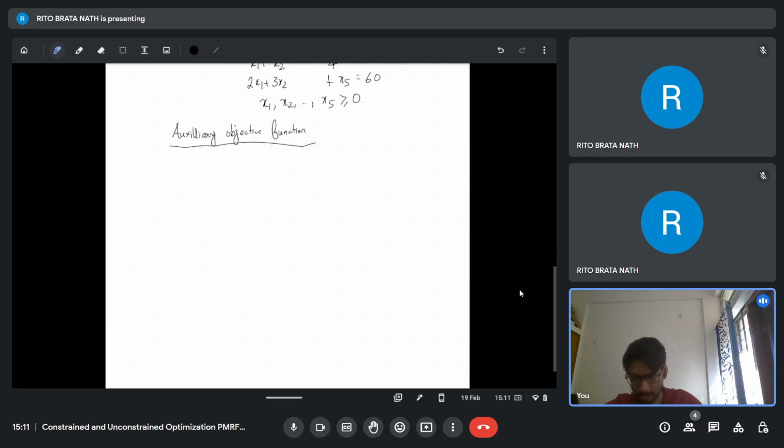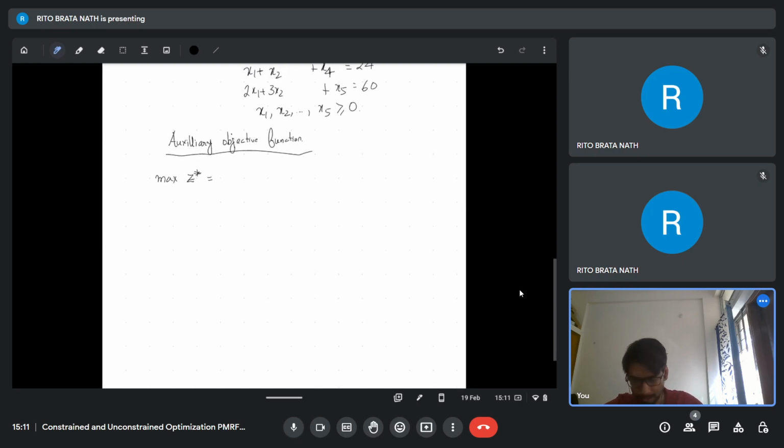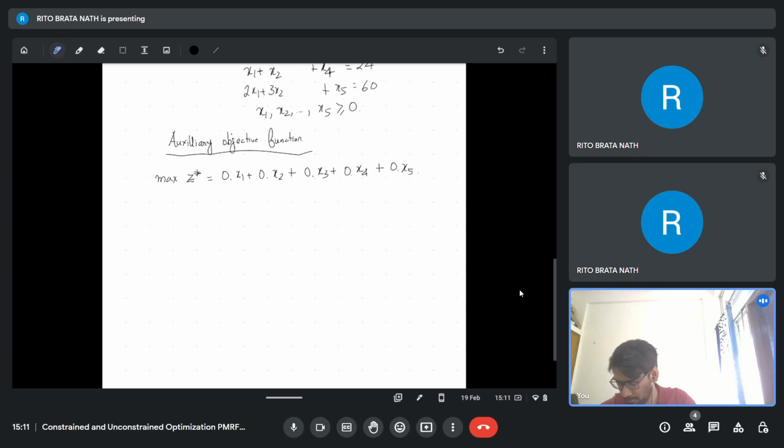Okay, so that will be max of z star. As you all know, the slacks and the original variables will appear with a coefficient of 0. And we don't have any artificial variables, so you need not add anything. Okay, so let's do it by the two-phase method anyway.